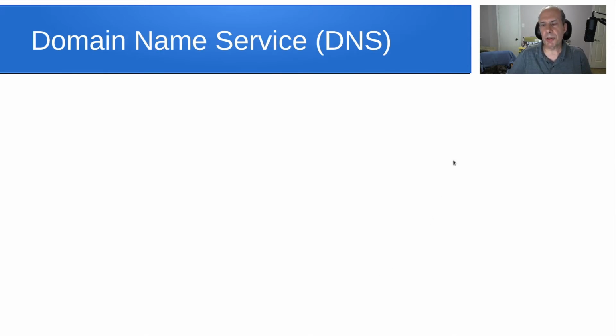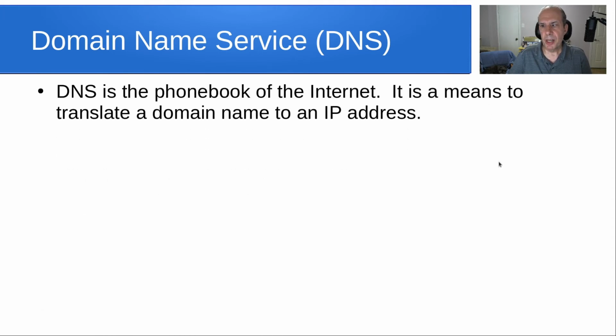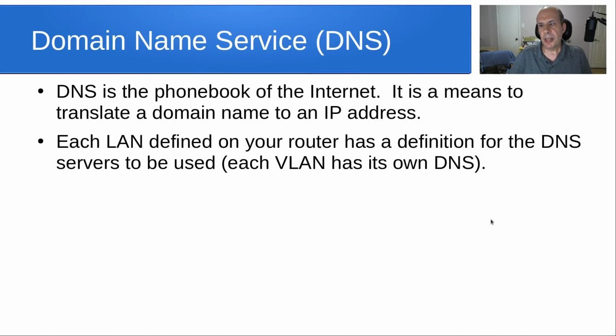So the next subject we want to talk about is domain name service, DNS. DNS is the phone book of the internet. It's a means to translate a domain name to an IP address. Each LAN defined on your router has a definition for the DNS servers to be used, and each VLAN has its own DNS servers that it can point to.